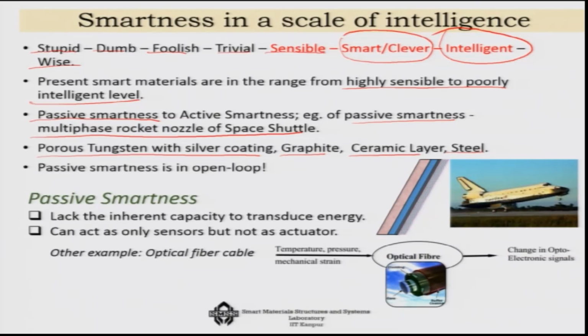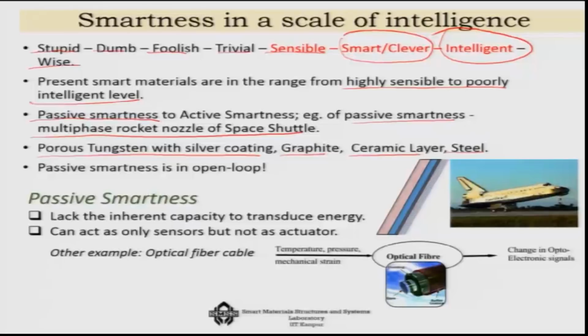Each one is meant for a particular function. The porous tungsten with silver coating gives high temperature resistance, and because the tungsten is porous, it gives less thermal stress concentration in the system. If I add graphite to it, I get higher temperature resistance.